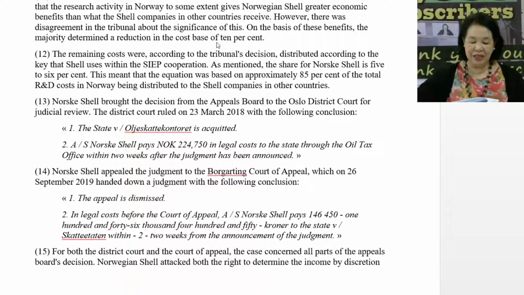Lahat ng cause of action niya sinama na niya sa Supreme Court in its entirety and included both the assessment of the evidence and the application of the law. Grabe, ang tindi, no? Bakit? Assessment of evidence. Pina-assess niya lahat na ang evidence at saka yung application of the law, no? So the Supreme Court Appeals Committee has allowed the appeal to be submitted with regard to the question of research and development. So ang question of evidence and question of law, no?